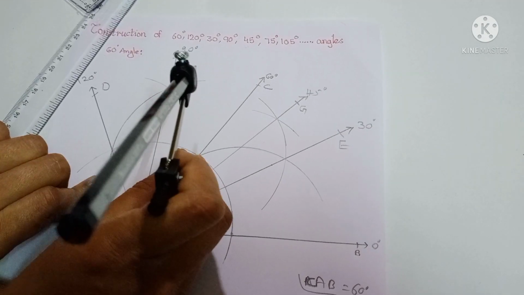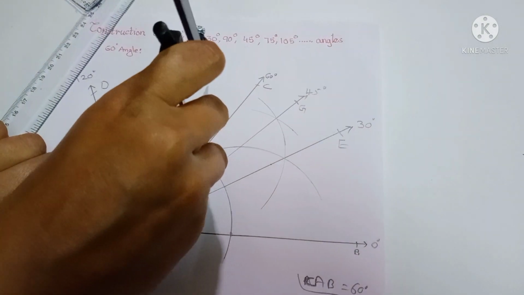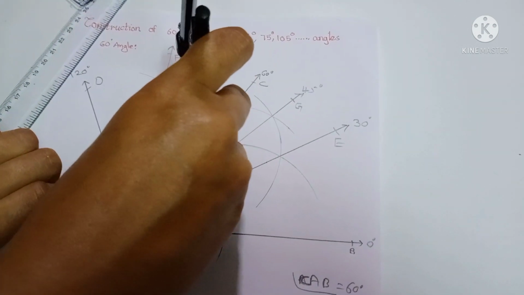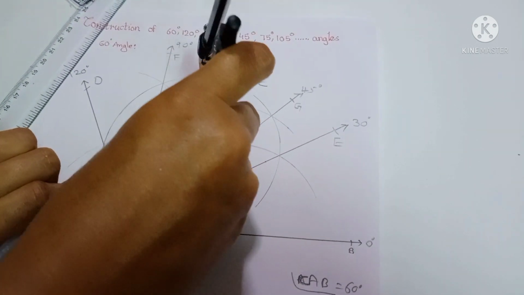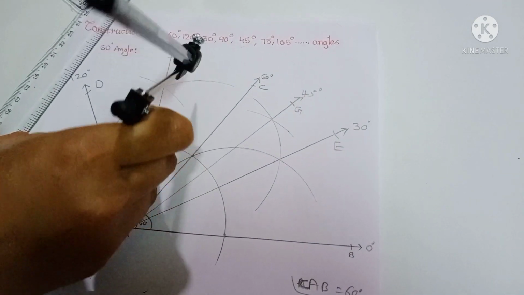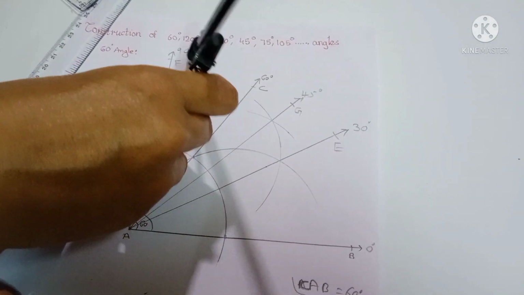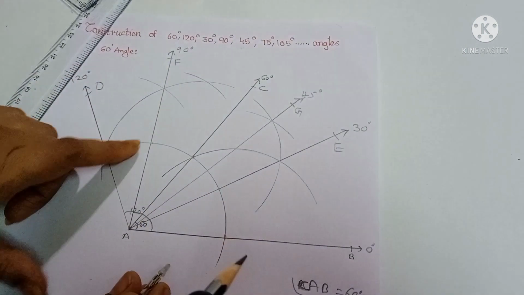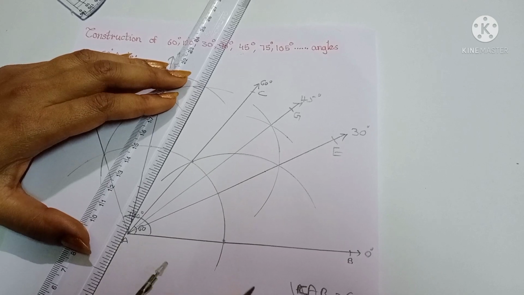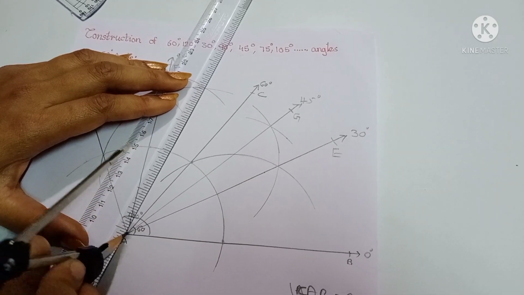So, draw an arc from this point and another arc from this center. Just join them.